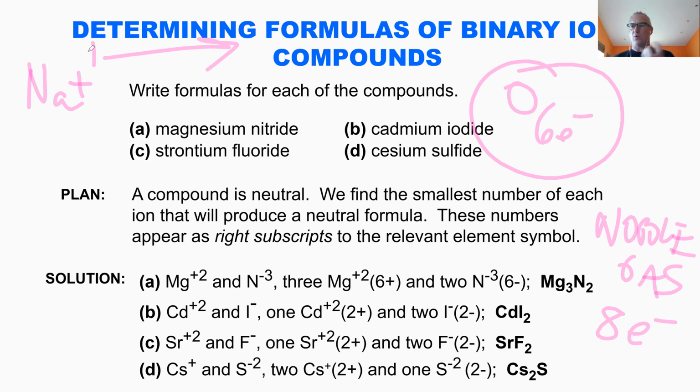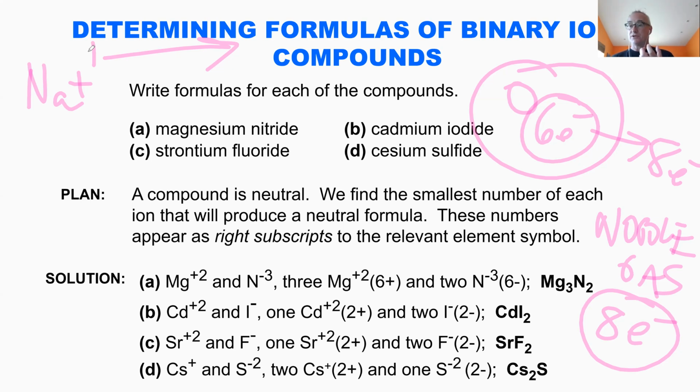So everybody wants to get to 8. So the quickest way for the nonmetals to get to stability of a full shell is to add electrons. It'd be much more difficult for oxygen to lose those 6 electrons than it would be to just gain 2 more to get to 8.